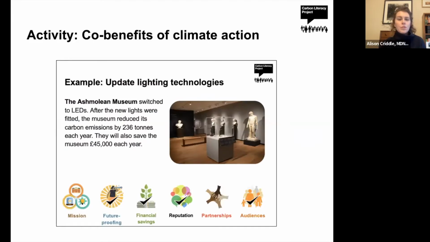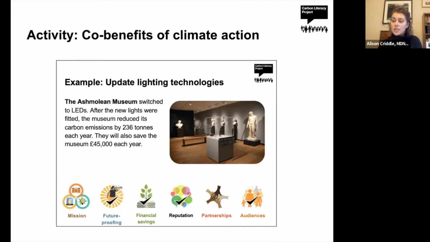So one example of those activities, and Jack touched a little bit on it just earlier, is the co-benefits of climate action activity. This is an example that uses our own sector's actions and invites learners to consider the multiple benefits of committing to reducing carbon and positively influencing climate action. These are case studies of real initiatives that are already taking place and have been undertaken by museums and networks across England.